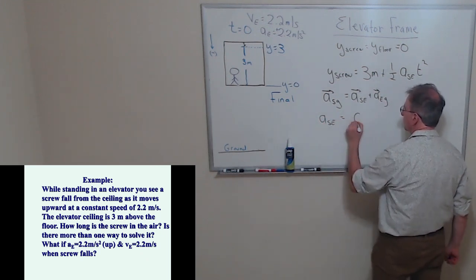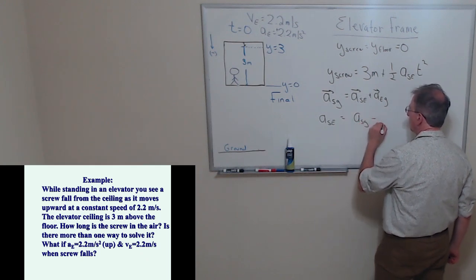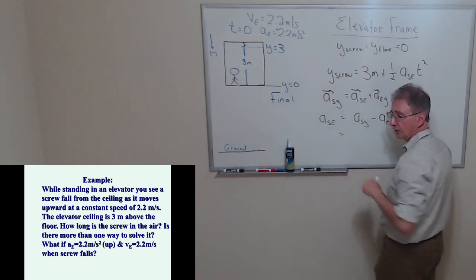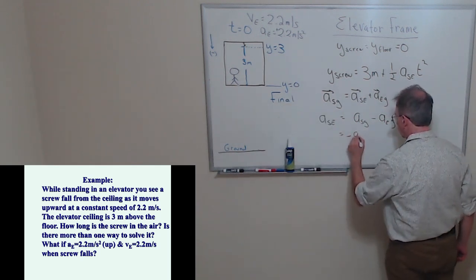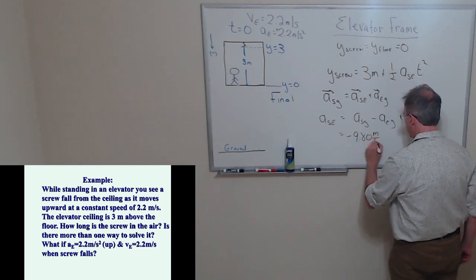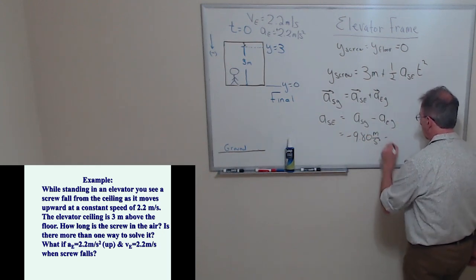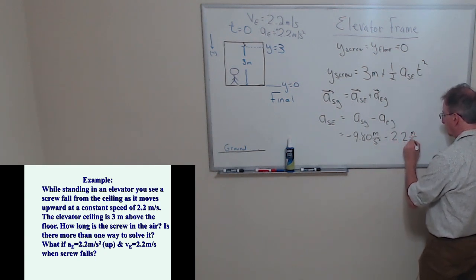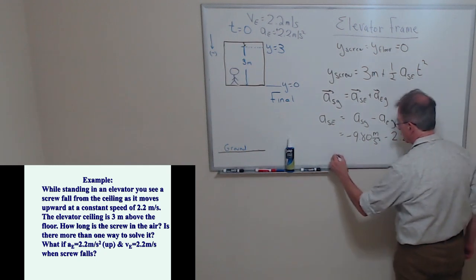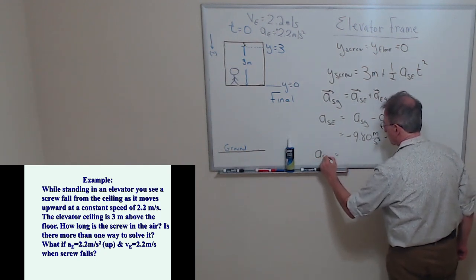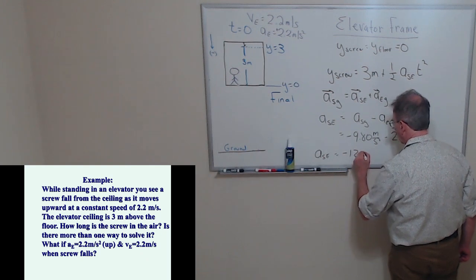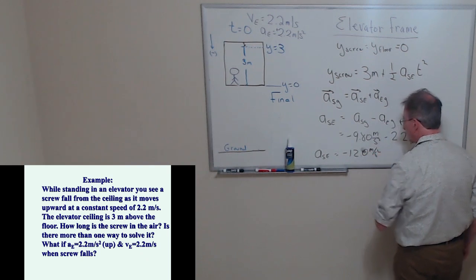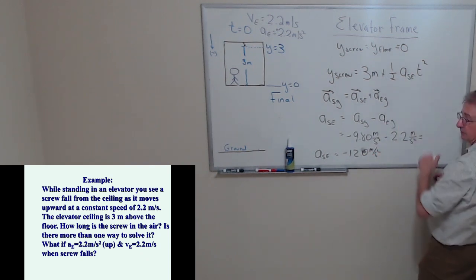That's going to be equal to the acceleration of the screw relative to the ground minus the acceleration of the elevator relative to the ground. Well, the screw is falling downward at minus 9.8 meters per second squared, and the elevator is moving upward at 2.2 meters per second squared. So when you combine these, the acceleration of the screw relative to the elevator is minus 12.0 meters per second squared.